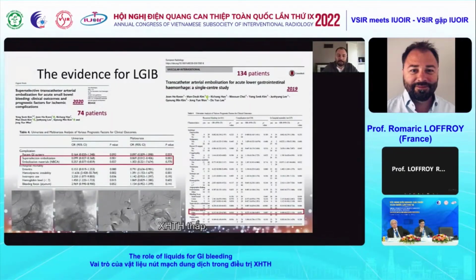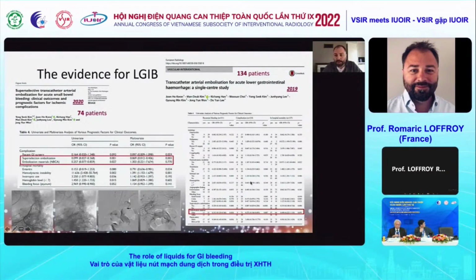If we look at lower GI bleedings, the same, we can find some papers in the literature here showing that the use of glue is better, at least in univariate analysis, in terms of prognostic factors for clinical outcomes. And the same here with more than 130 patients, the use of glue leads to significantly less complications and less recurrent bleeding.